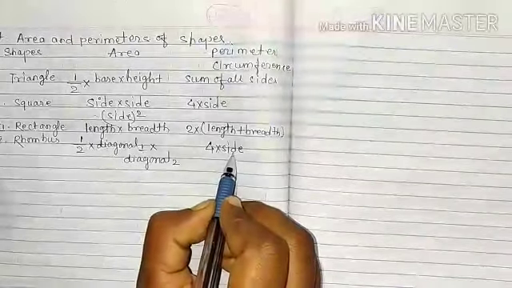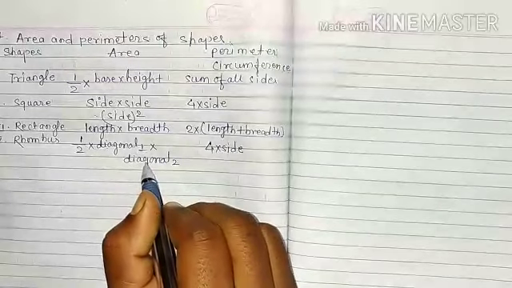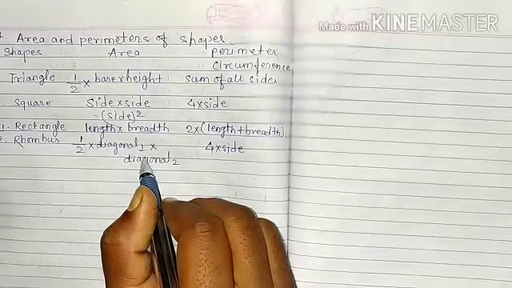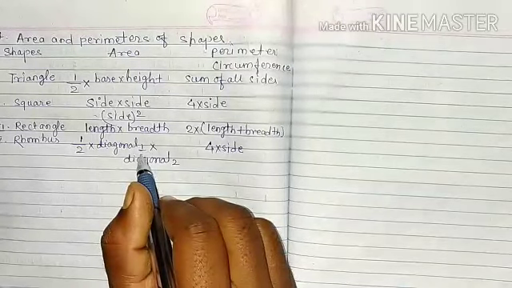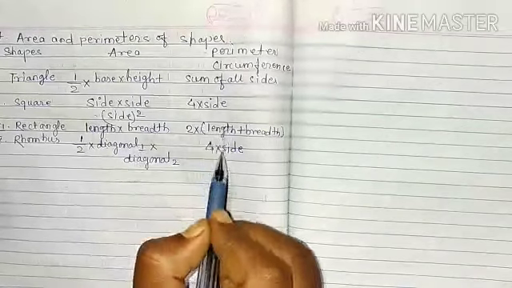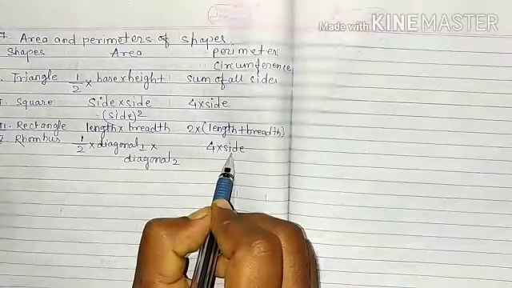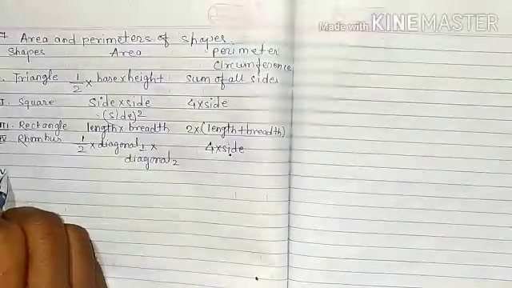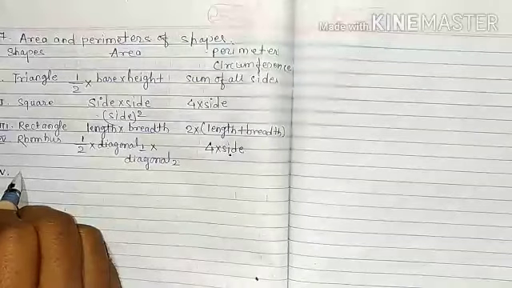When the side of a rhombus is given, then we find the diagonal by using Pythagoras theorem. If the diagonals of a rhombus are given, then we find the side by using Pythagoras theorem.